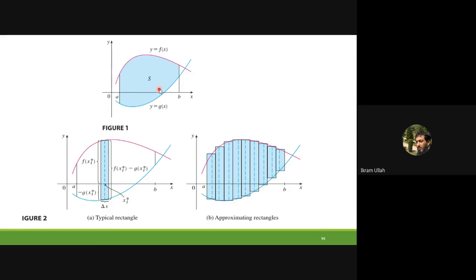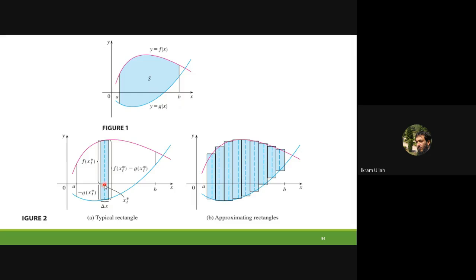You know, we already discussed the area under the curve of a single function y equals f of x. Like this, we divide this region into n steps of equal width, and we approximate the ith step by a rectangle with base delta x, and the height f of xi star minus g of xi star.